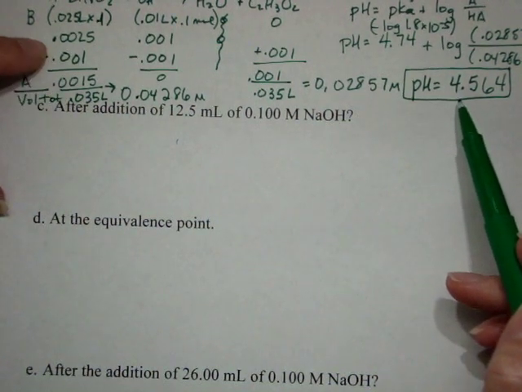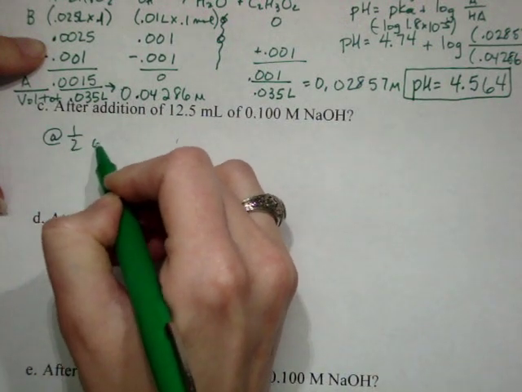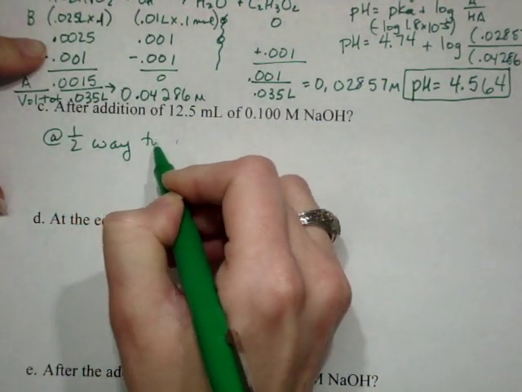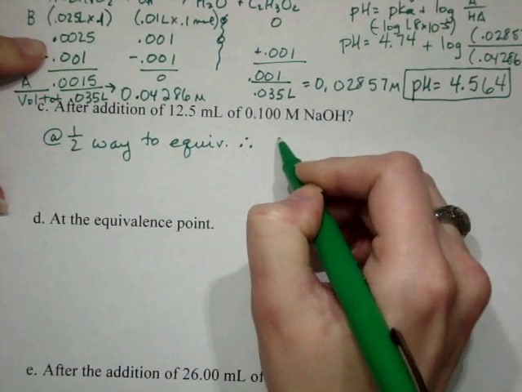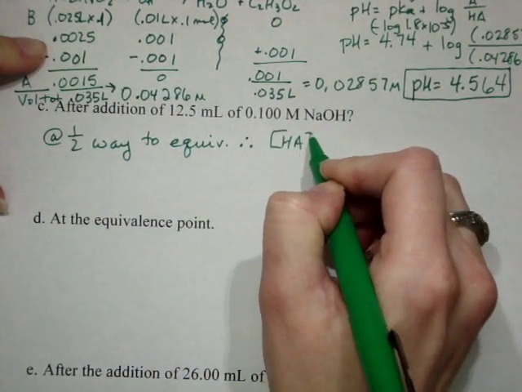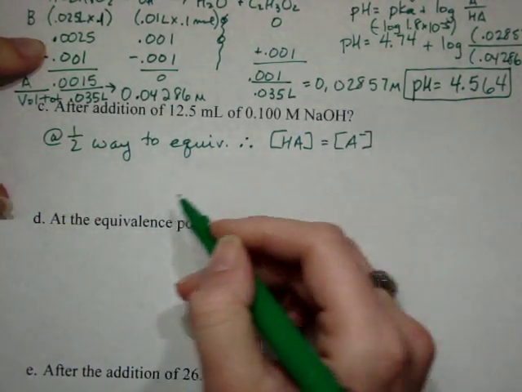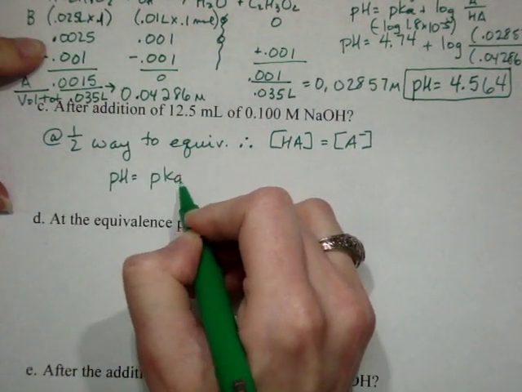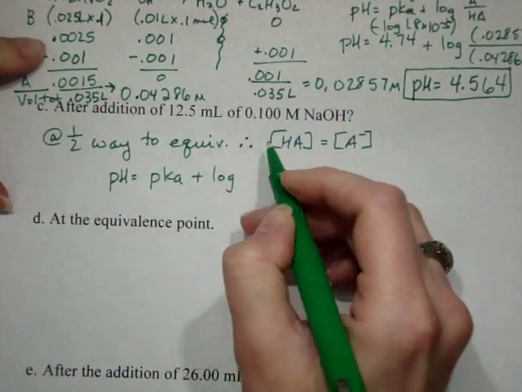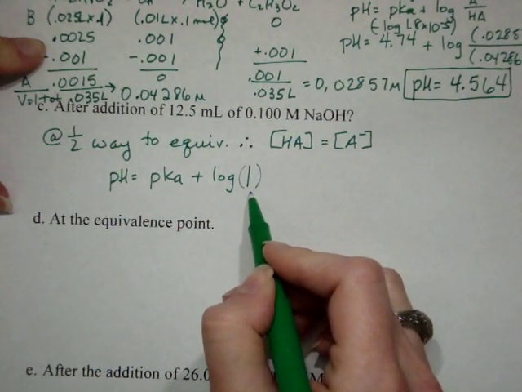The other thing that you can do is you can go, oh, I'm at halfway to the equivalence point. Therefore, acid concentration equals conjugate base concentration. Therefore, if I use the Henderson-Hasselbalch equation, that basically gives me the log of 1, which is 0.